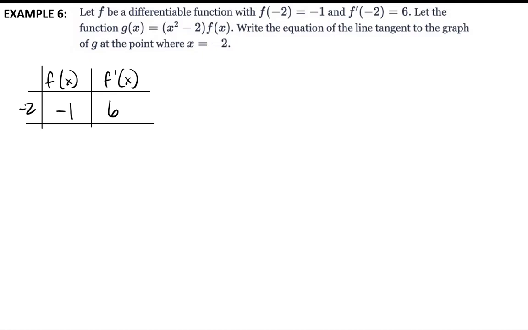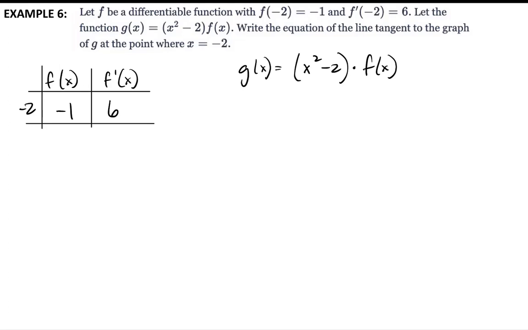F of -2 is -1. F prime of -2 is 6. Okay. So that's the first sentence. Let the function g of x equal. Okay. So let's write g of x down. Okay. That's g of x.